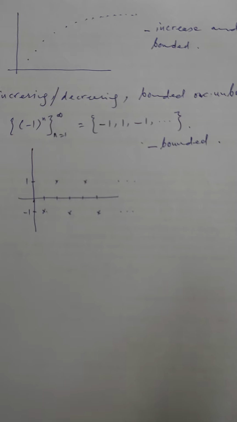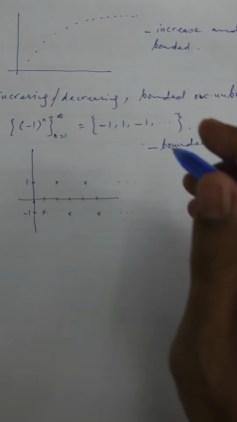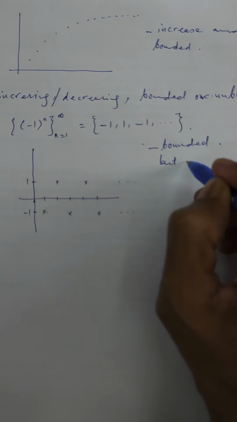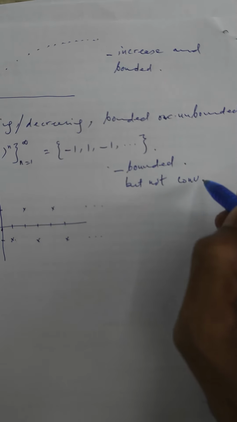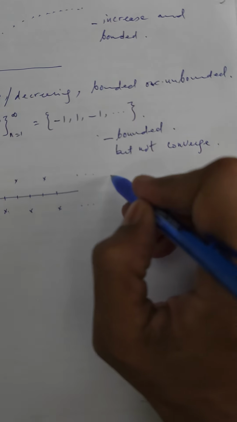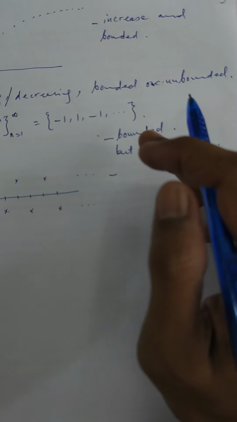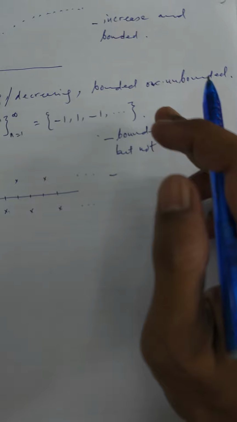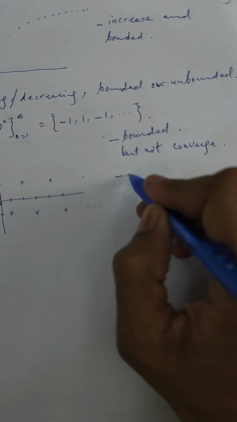So we say it is bounded, but not converged. Another term we call it is oscillate. The sequence oscillates between minus 1 and 1.